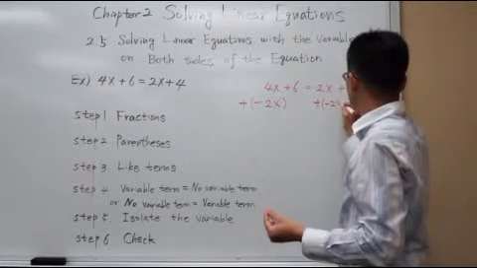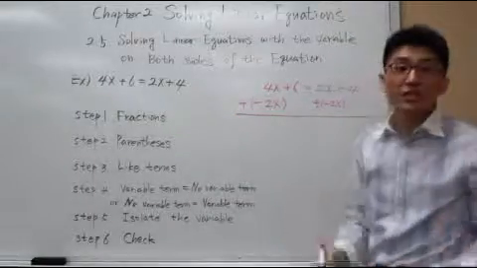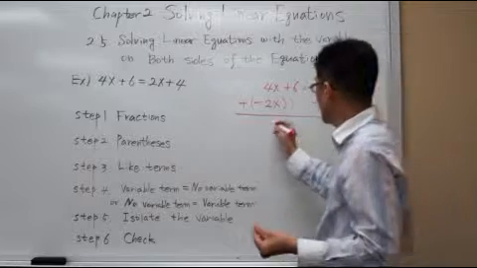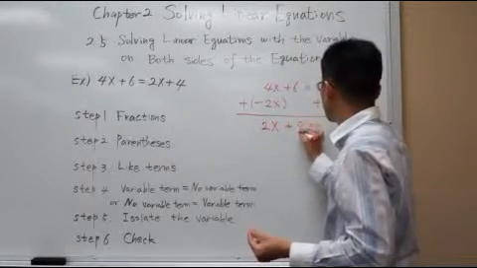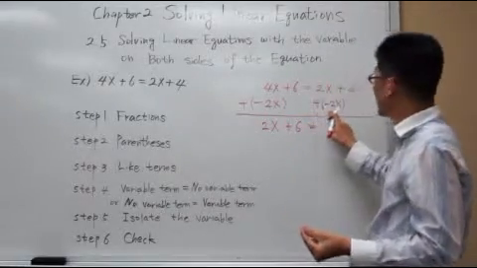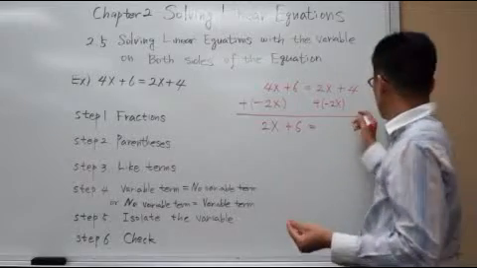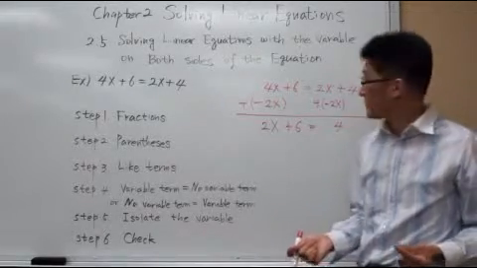Once you do that, the left-hand side will be 2x plus 6. The right-hand side, 2x plus negative 2x will be 0, and just 4.